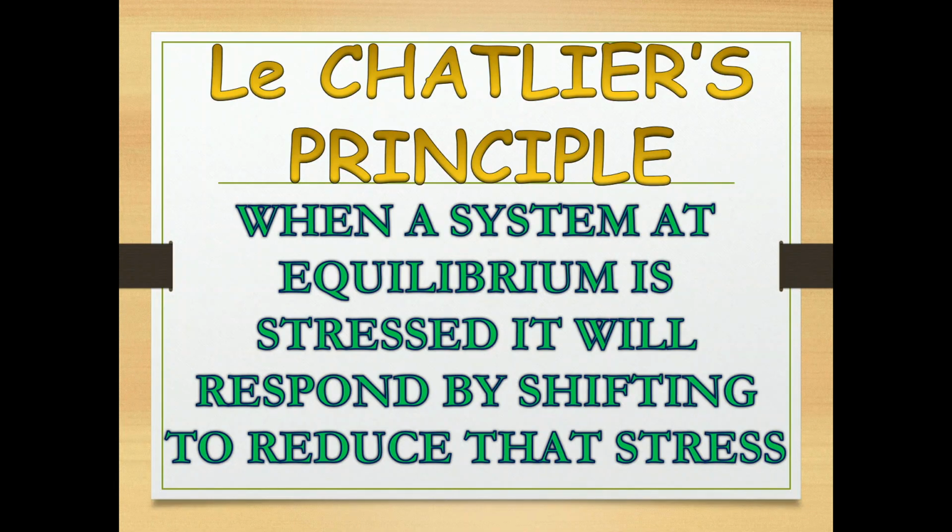So whatever we do to it when it's at equilibrium, it will change itself until it gets back to an equilibrium with the new changes that you've done. Well, there are multiple ways that we can add stress to this. So we're going to look at a variety of ways that we can add stress.